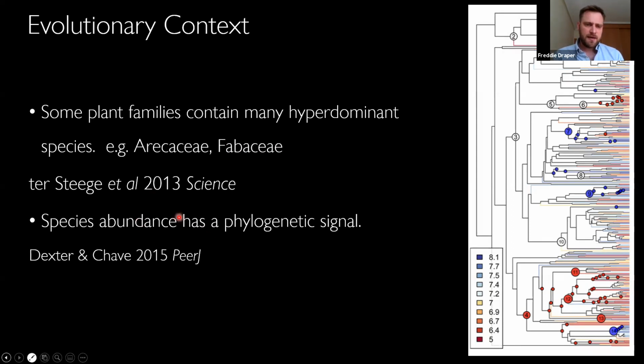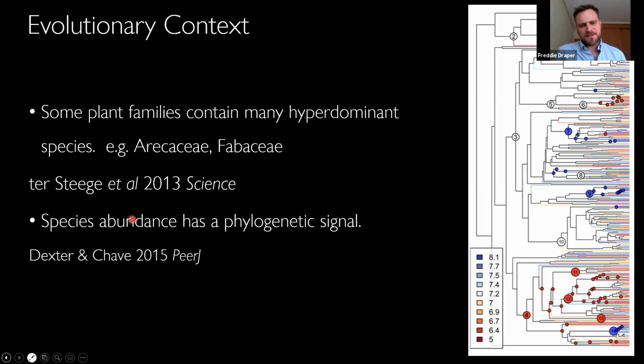And then in a subsequent paper led by Kyle Dexter, they showed that species abundance does have a phylogenetic signal. So basically, how abundant you are is dependent on the lineage that you belong to, which families or genera. So specific lineages have very abundant species, and others have very rare species.